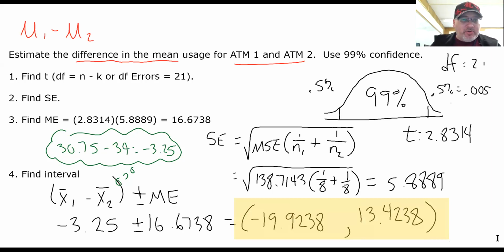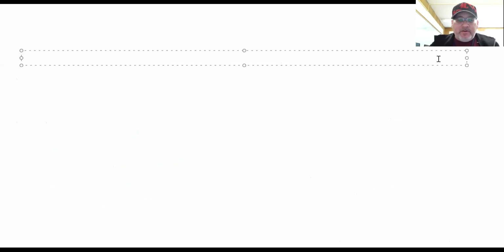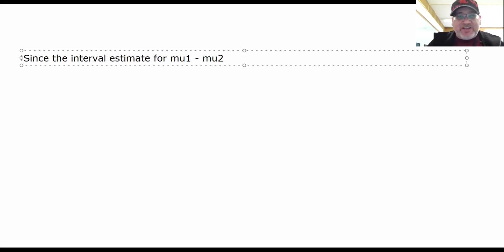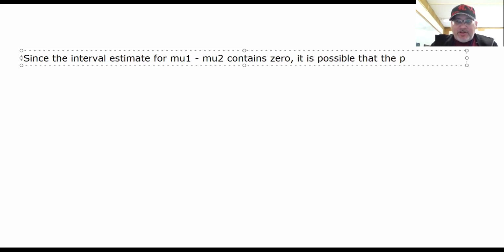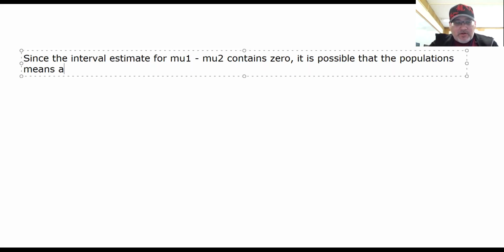So we can draw a conclusion as follows. Since the interval estimate for mu1 minus mu2, as opposed to a single value, which would be just the difference in the x bars, contains 0, it is possible that the population means are equal because it's possible that the difference is 0.